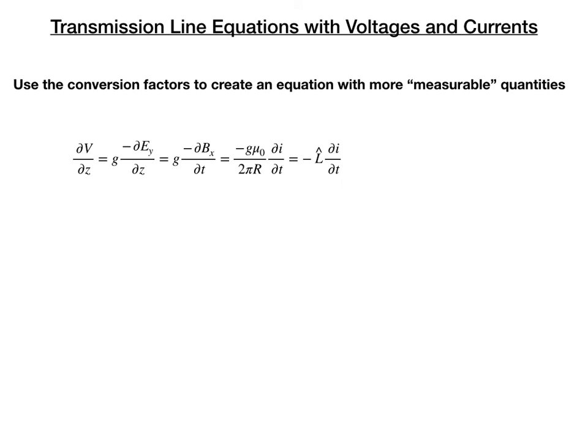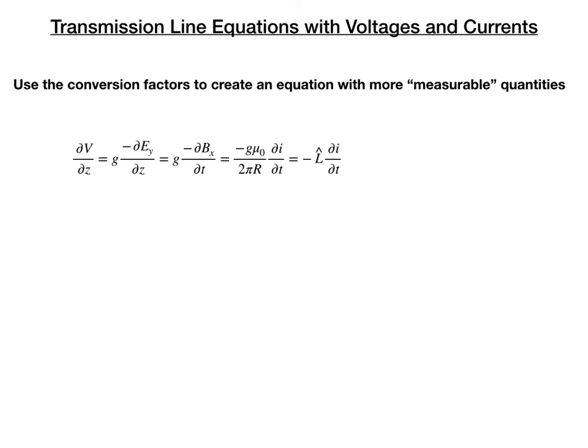Remembering that the magnetic field is related to the current with a conversion factor, we get that the change in voltage with respect to propagation direction is negative the inductance per unit length times the derivative of current with respect to time.